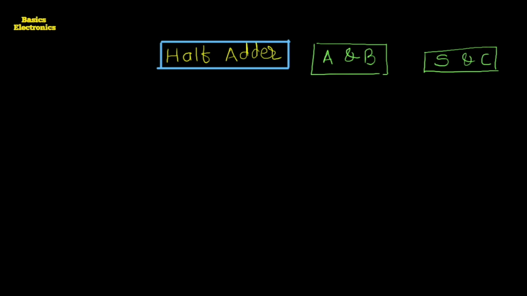For the construction of the half adder we require one XOR gate and one AND gate. Now the question comes, is the XOR gate 2-input or 3-input?